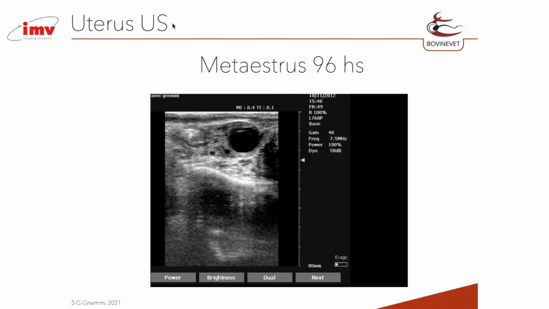Well, 96 hours after the ovulation, at the end of the metaestrus, we have a dominant follicle. The dominant follicle is around 8 millimeters. So 50% of the deviation is around day 4, and the other 50% between day 5 and 6.